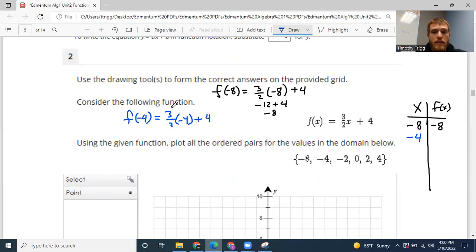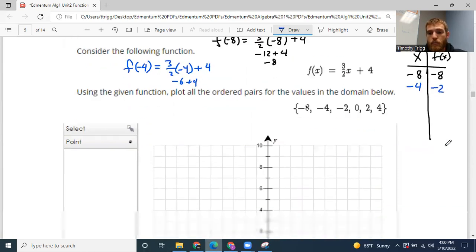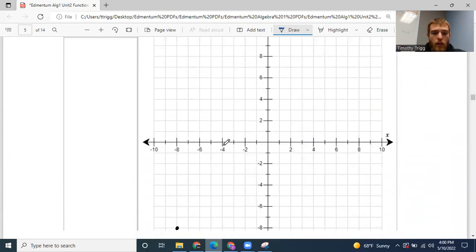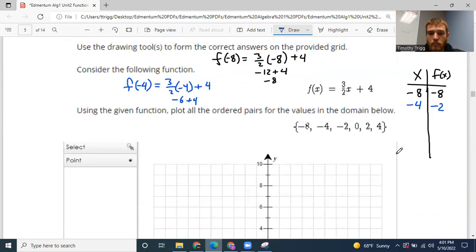Again, to multiply a whole number times a fraction, multiply times the top, divide by the bottom. So negative 4 times 3 is negative 12, divided by 2 is negative 6. Negative 6 plus 4 gives me negative 2. Negative 4, comma, negative 2. So my next point would be right here.